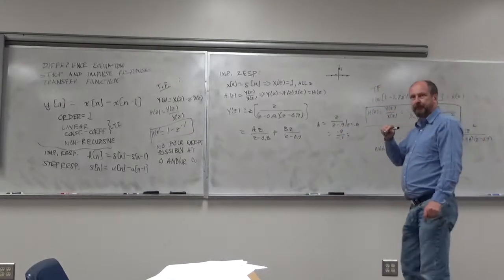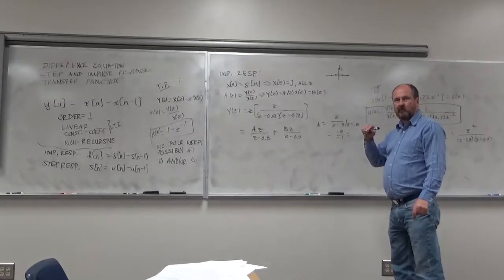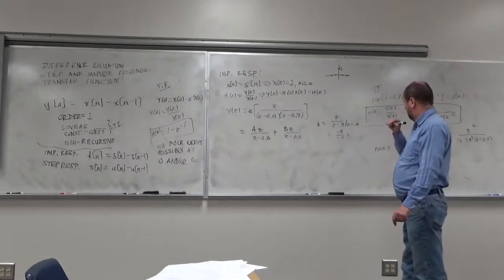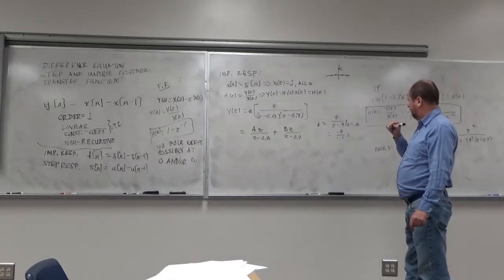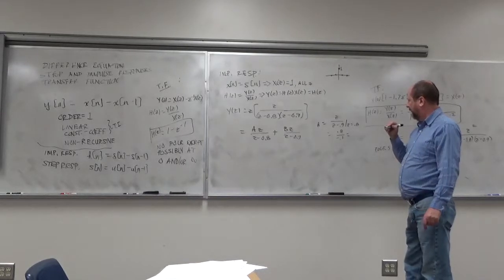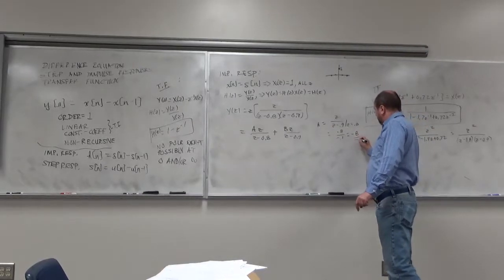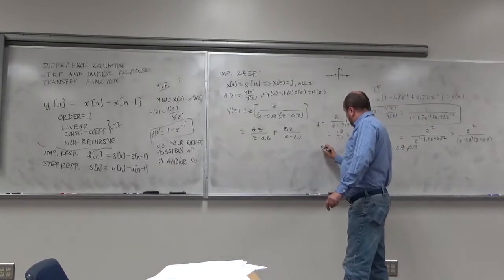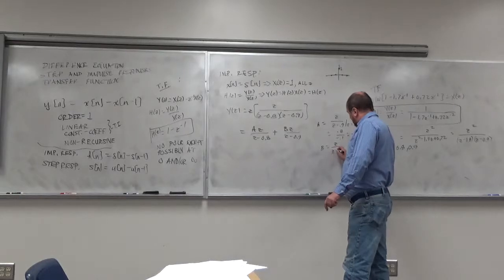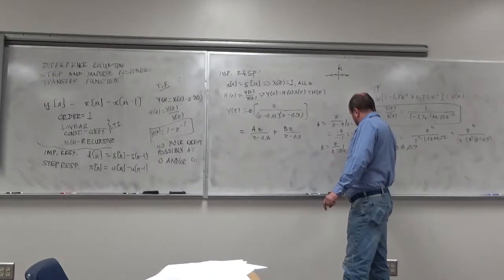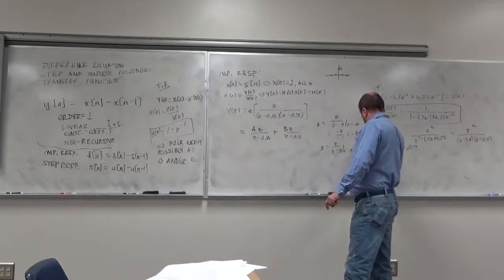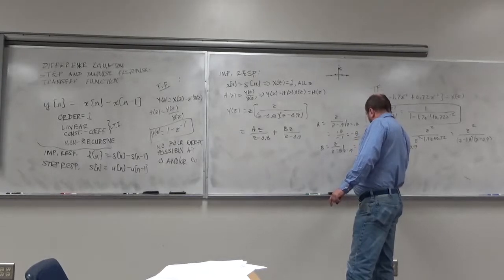Negative 8? Is that right? 0.8 over 0.1, 8, negative 8? Yeah. Negative 8. Okay? B would be z over z minus 0.8 evaluated at z as 0.9, which is 0.9 over 0.1, and that's 9.